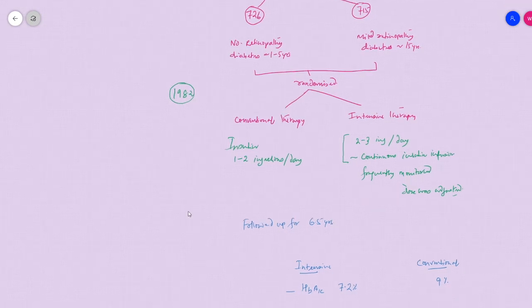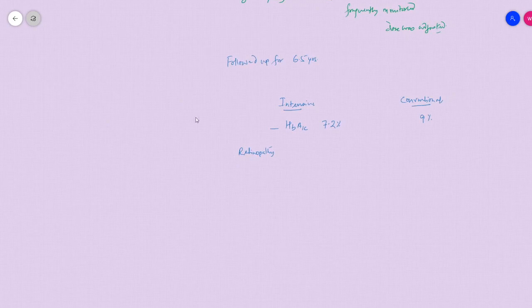What was observed was the risk of retinopathy. So let's write here risk. The risk of retinopathy in the intensive treatment reduced by 76%, meaning even people who had retinopathy, the progression reduced.